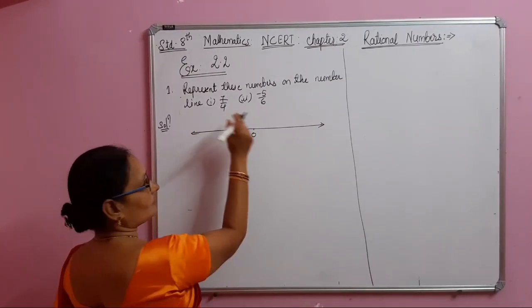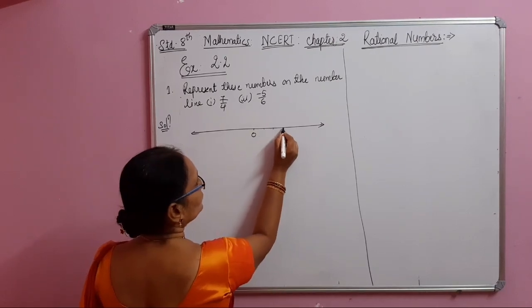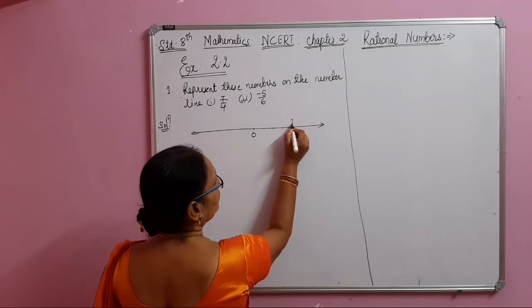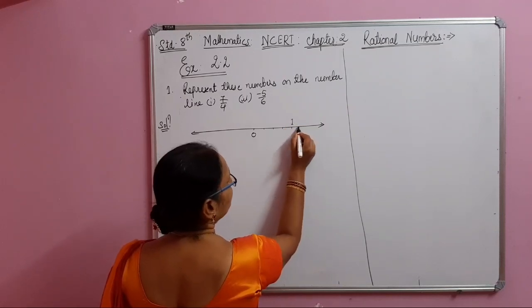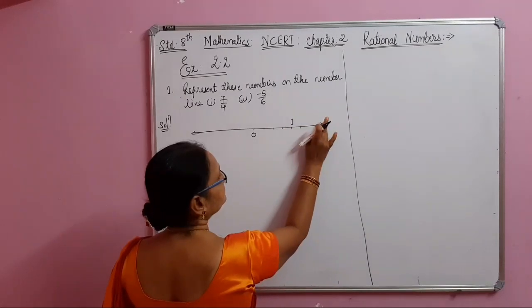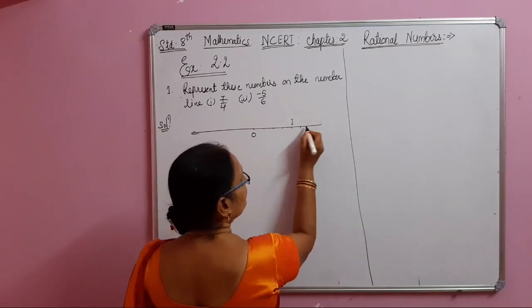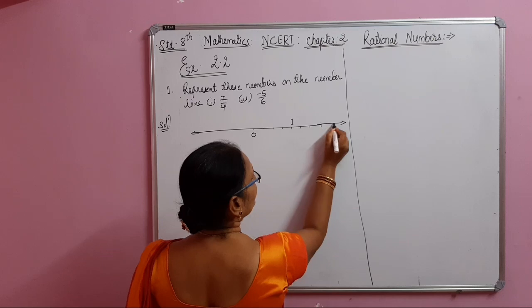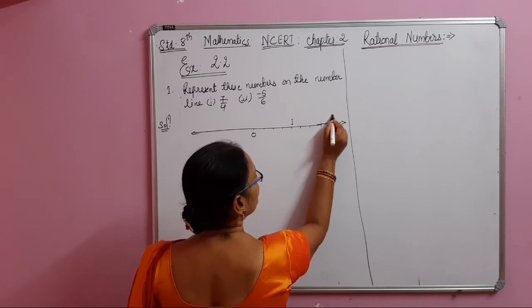Denominator is 4. So 1, 2, 3, 4. Here it is 1. Next 5. Next one, here 1, 2, 3, 4. That means here it is 2.